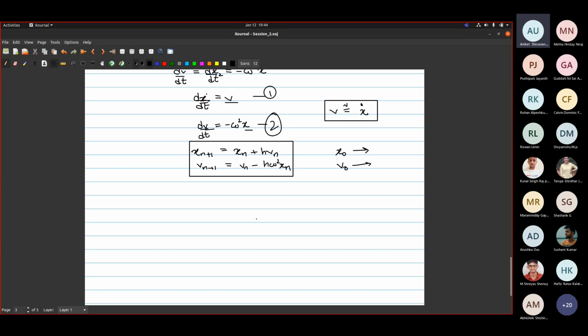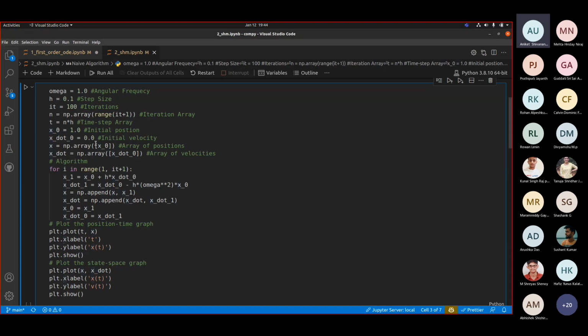It is very easy to know the initial velocity of something, and that is precisely what we are exploiting here. Now this is again the array of positions, and this is the algorithm itself.